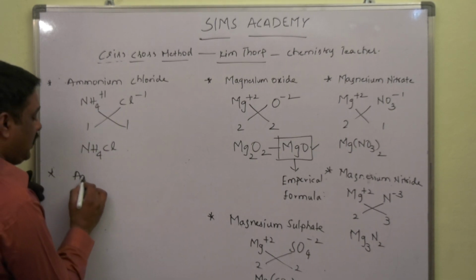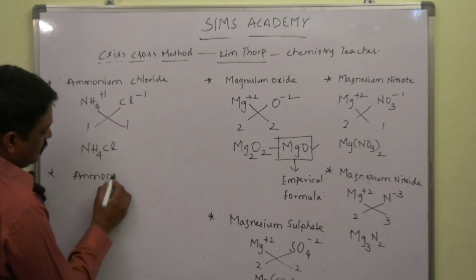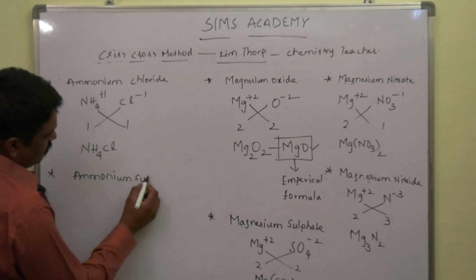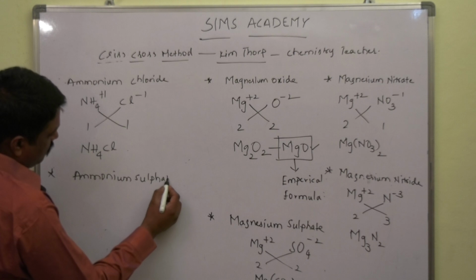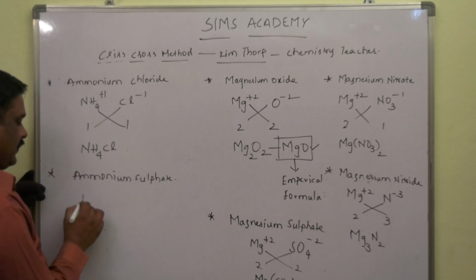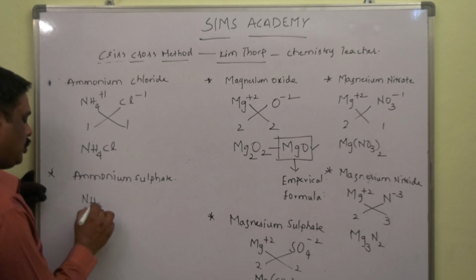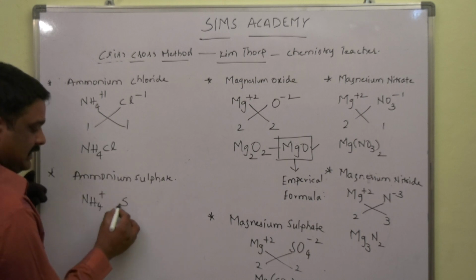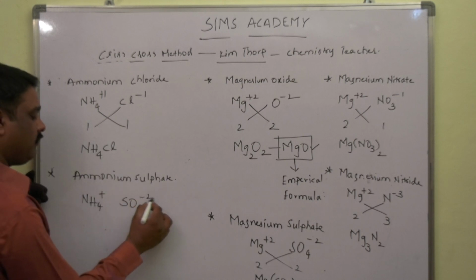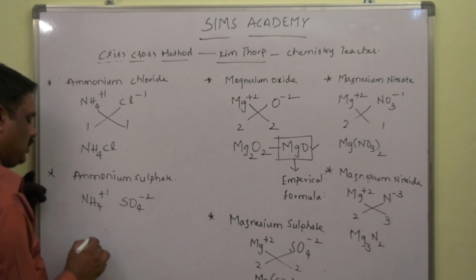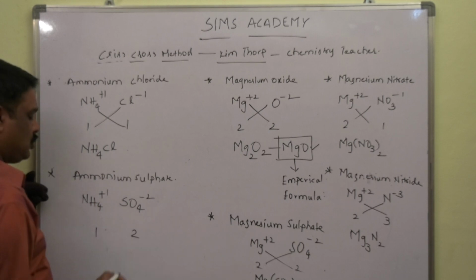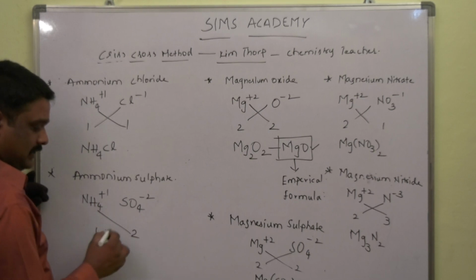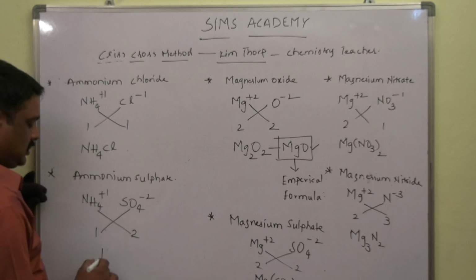Ammonium sulfate. NH4 plus, sulfate SO4 minus 2. This is 1, this is 2, this is Criss, this is cross.